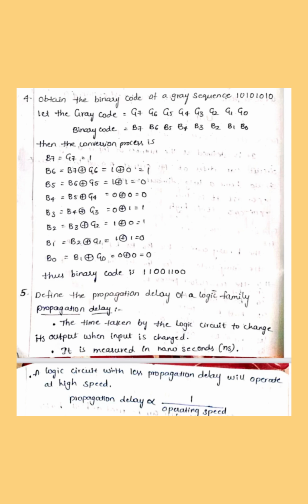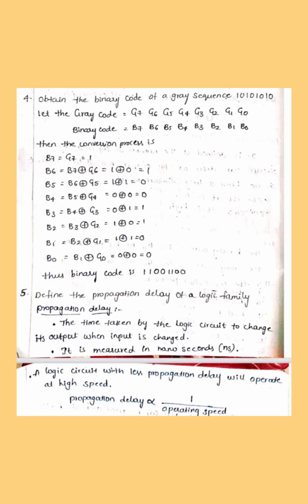And B1 is B2 exclusive OR with G1, so 1 with 1, it is 0. And finally B0 is B1 exclusive OR with G0, which is 0 with 0, which is 0. So the binary code finally is 11001100.